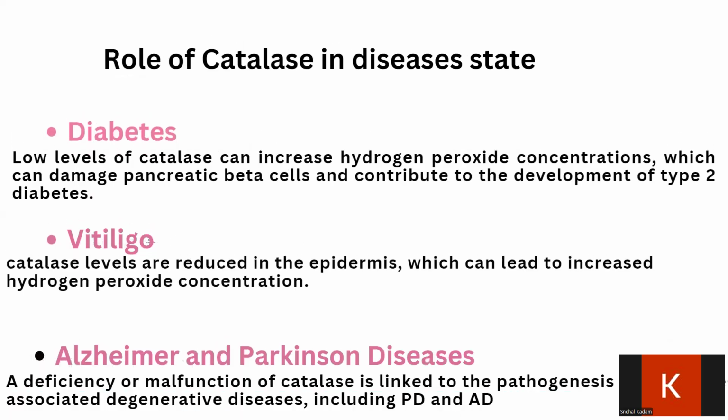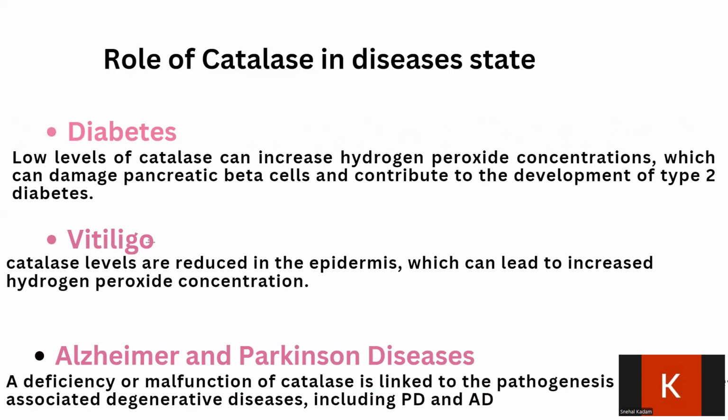Role of catalase in disease states. Diabetes. Low levels of catalase can increase hydrogen peroxide concentration, which can damage pancreatic beta cells and contribute to the development of type 2 diabetes. Vitiligo.